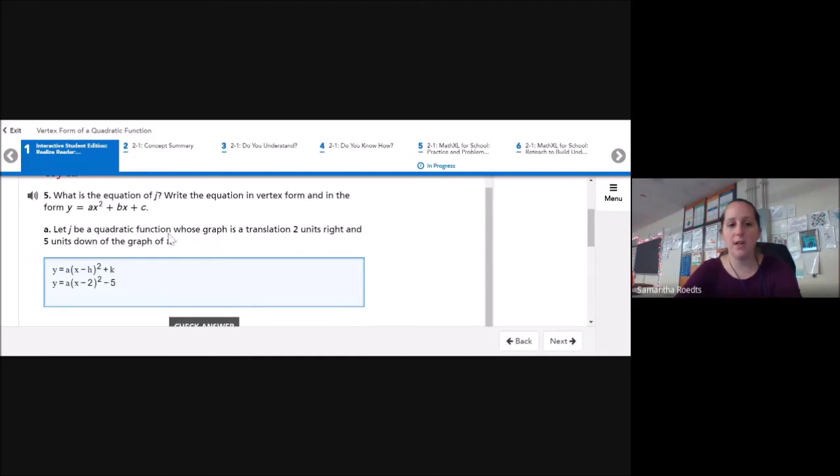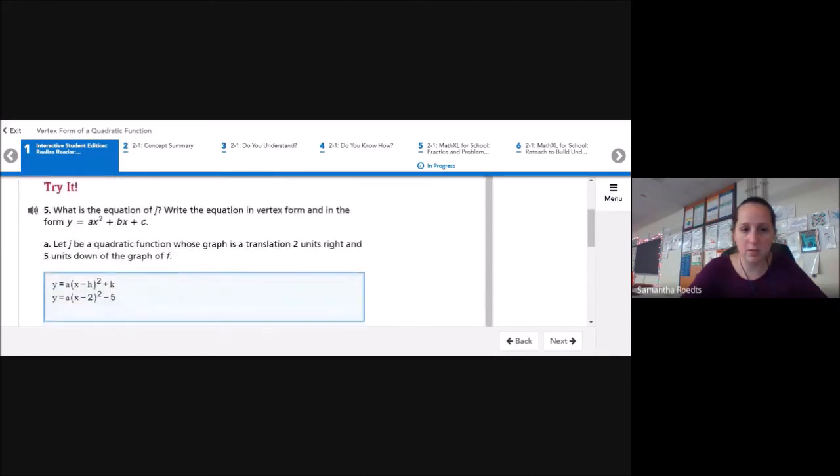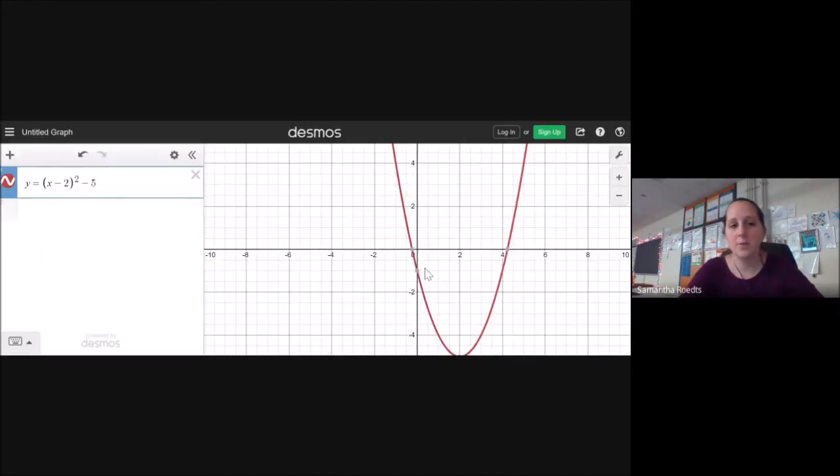Now, what I want to do is actually graph this function to see what it looks like. So if I'm still using the same parent function, I'm using the graph of f.